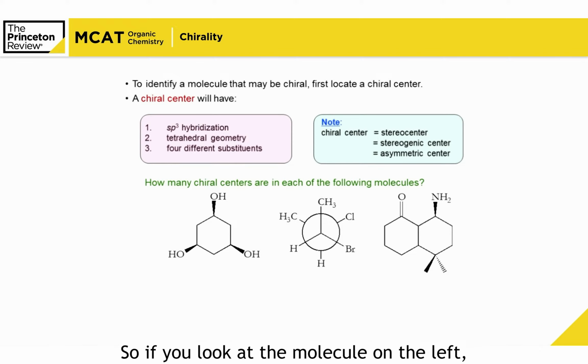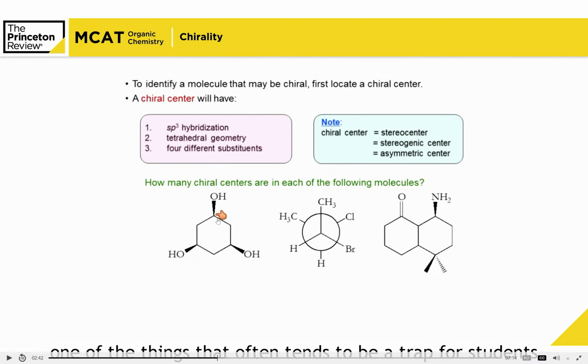So if you look at the molecule on the left, one of the things that often tends to be a trap for students is that when you see a wedge or a dash, this sort of perspective in a molecule, oftentimes we assume that that's going to be a chiral center.